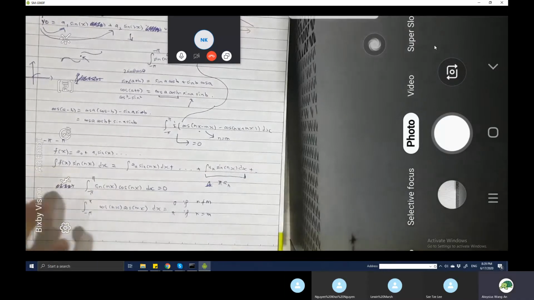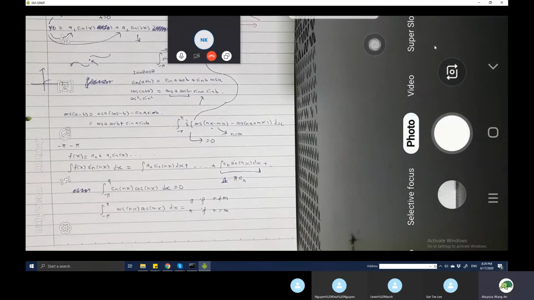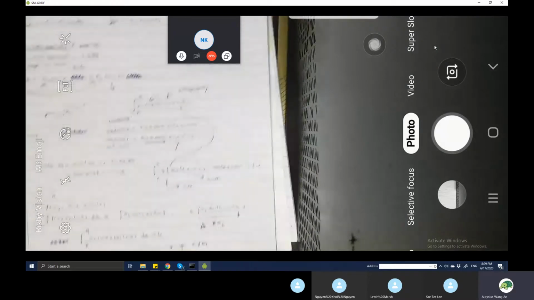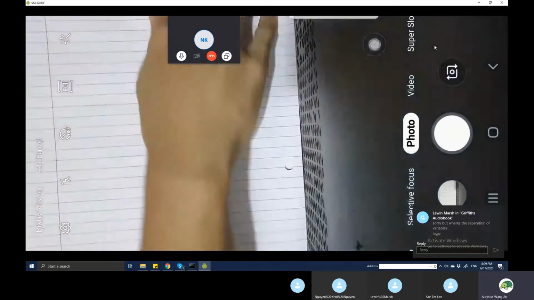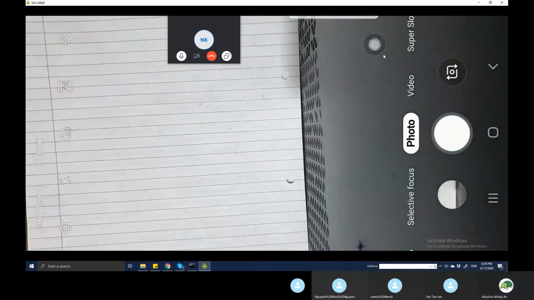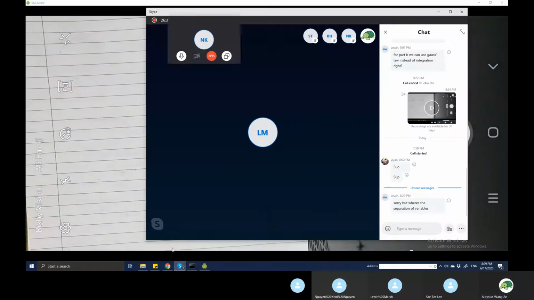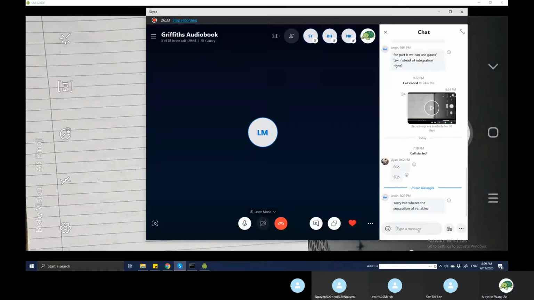Okay. Yeah, and now we can start actually applying this to our Laplace equations. The separation of variables comes in now.